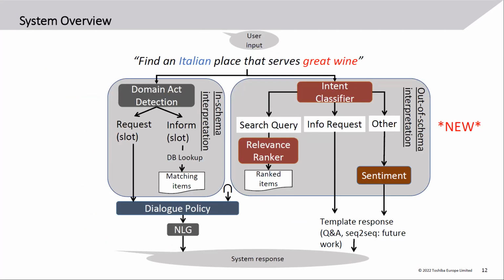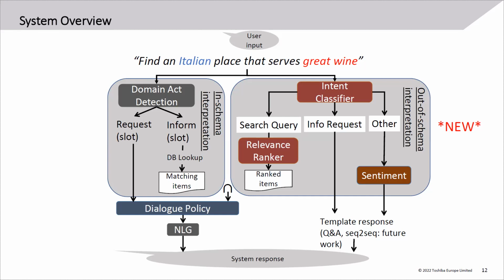So in the new component that we introduced, we have an intent classifier, which classifies user utterances into 3 categories. It's either a search query, an information request, or something else. If it's a search query, we apply the relevance ranker, generating a list of ranked items.